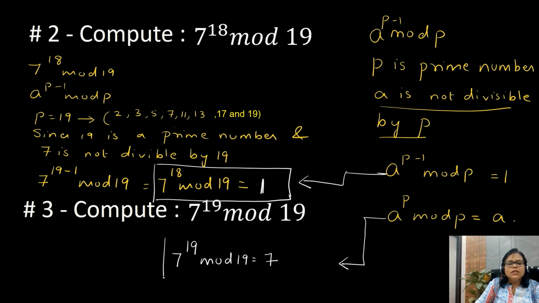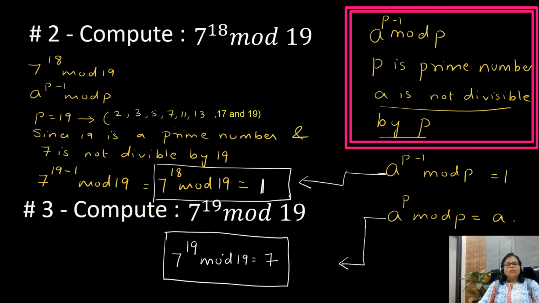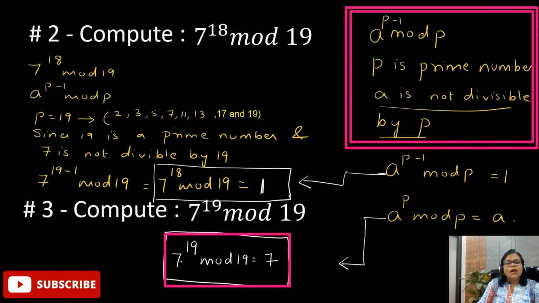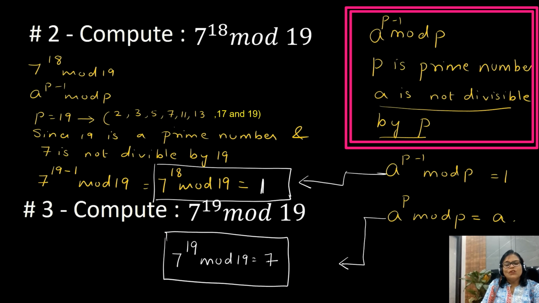Now, why is this possible? Because p is a prime number and a is not divisible by p. Since these two conditions are satisfied, 7 raised to 18 mod 19 can be directly written as 1 and 7 raised to 19 mod 19 can be written as 7. And even if you solve this using the traditional method, you will get the same answer.